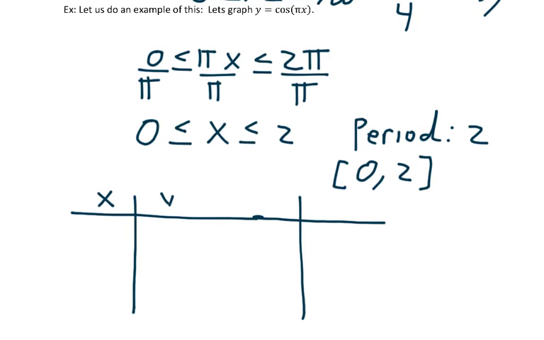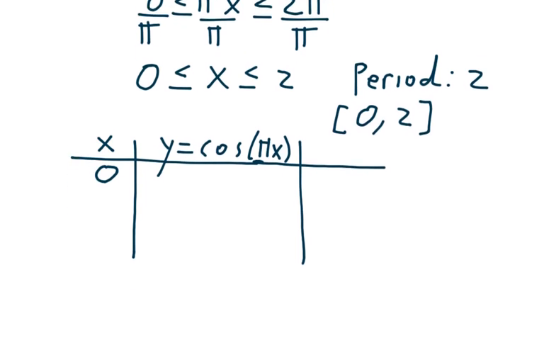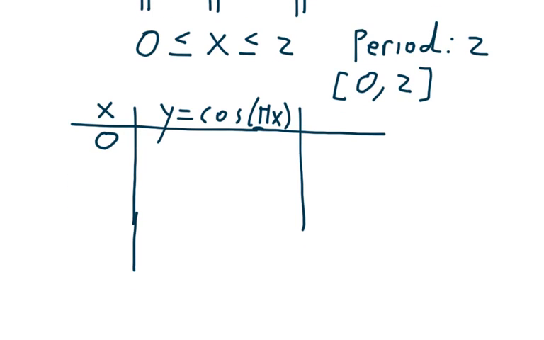Let me just label this. Right, so we're going to start at 0. What we're going to do is divide by 4. So in other words, we're going to add 2 over 4, which is a half, to get a half.